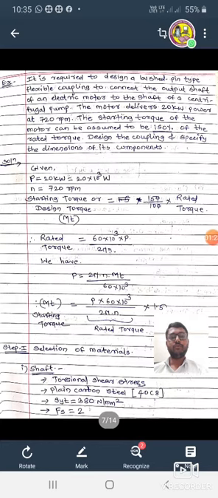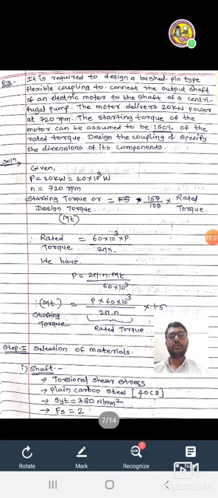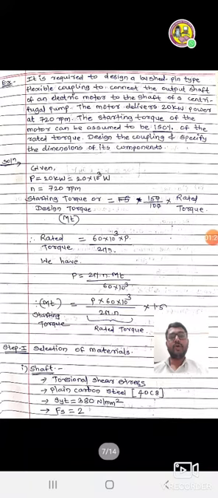By using this rated torque equation, the starting torque Mt equals P into 60 into 10 raised to 3 upon 2 pi N, which is the rated torque into 1.5, since it is given to assume 150% of the rated torque.